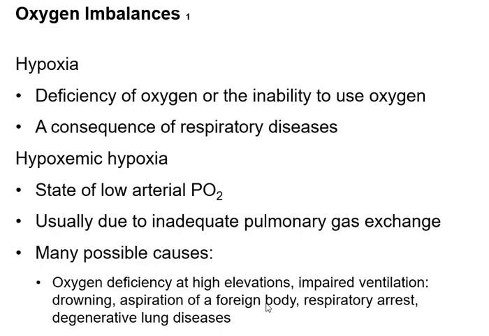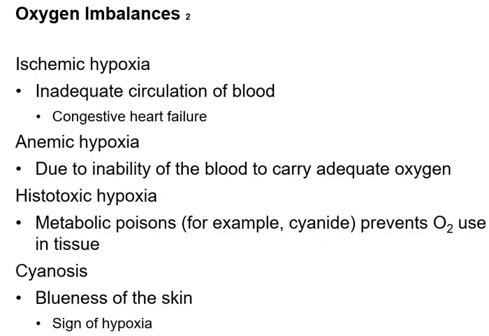Other causes are respiratory arrest or a degenerative lung disease. But I want to make sure that you know about the aspiration of a foreign body and the Heimlich maneuver to pop it out, because you can do it on yourself. With a baby, you can grab them up and turn them upside down and let gravity help you with popping the thing out.